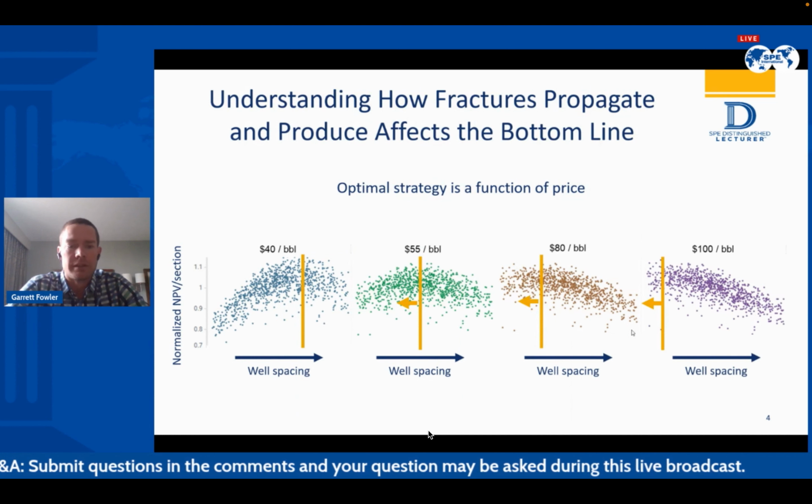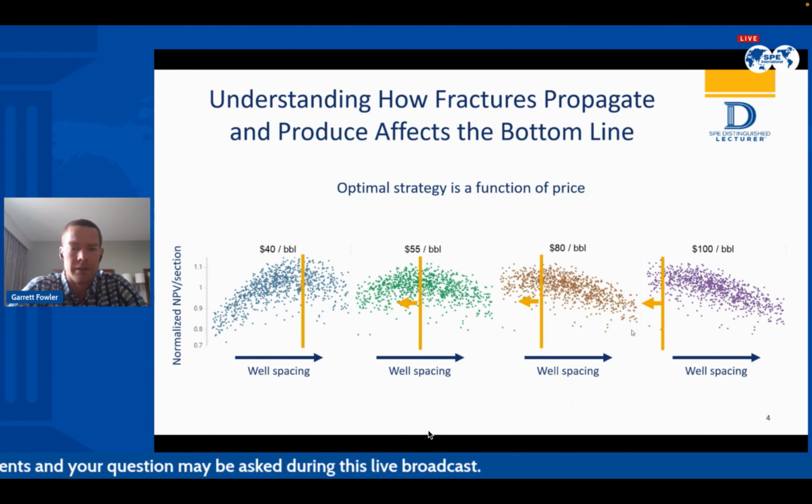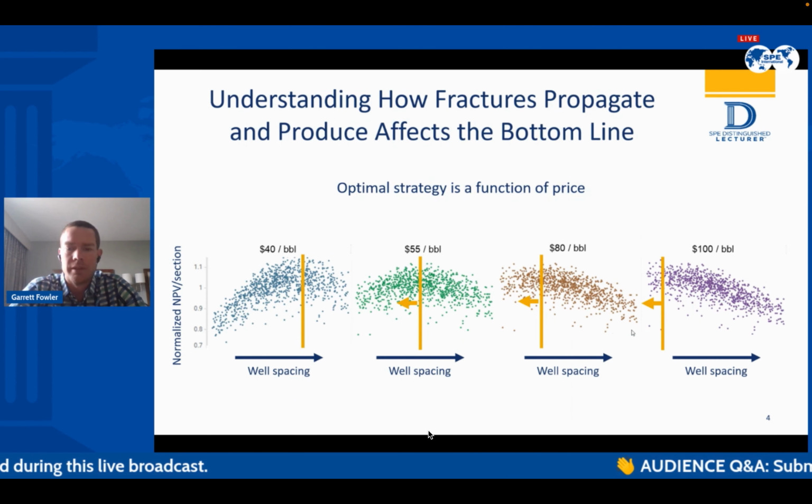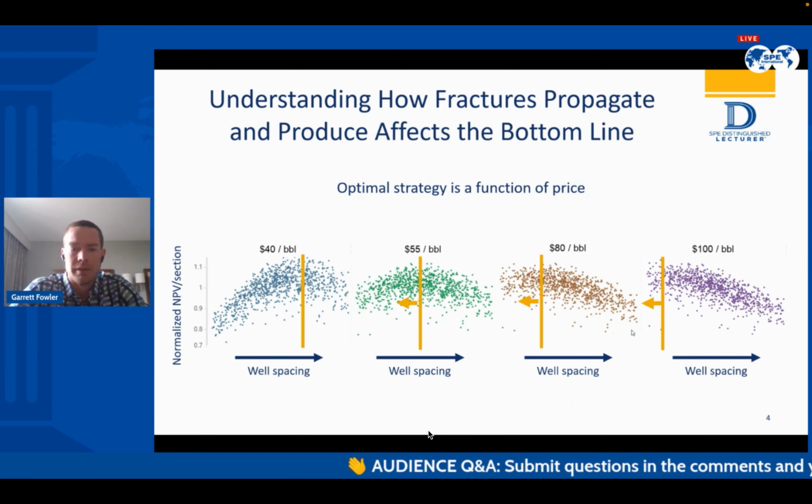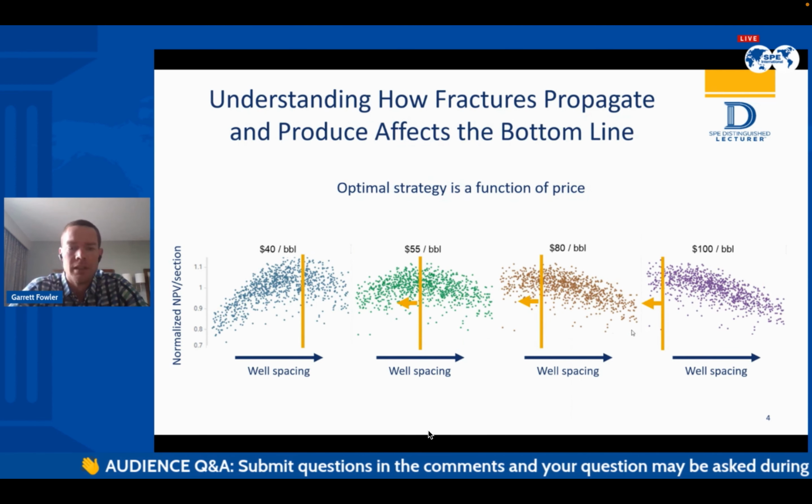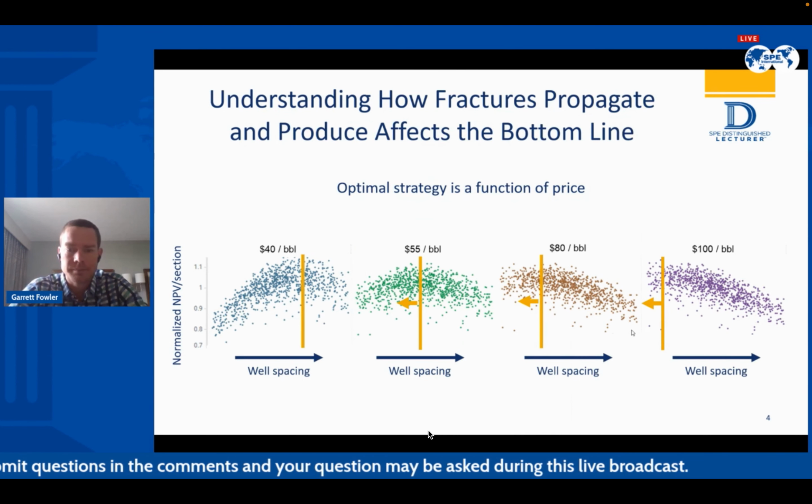One of the clearest examples of this is an optimization I'm taking from a paper we wrote last year on optimization of shale development. This is an example from the Permian Basin. It shows that for the same well pad in the same position, the optimal development strategy is a function of price.